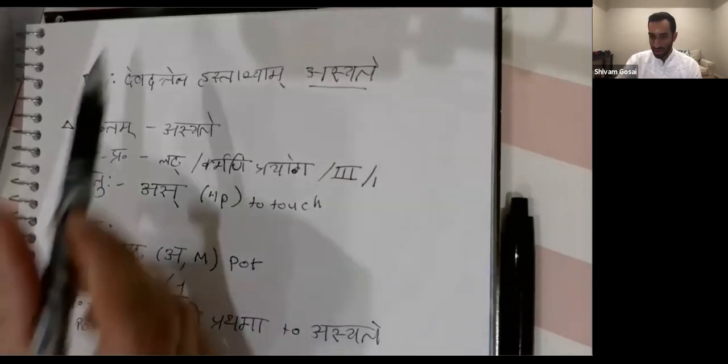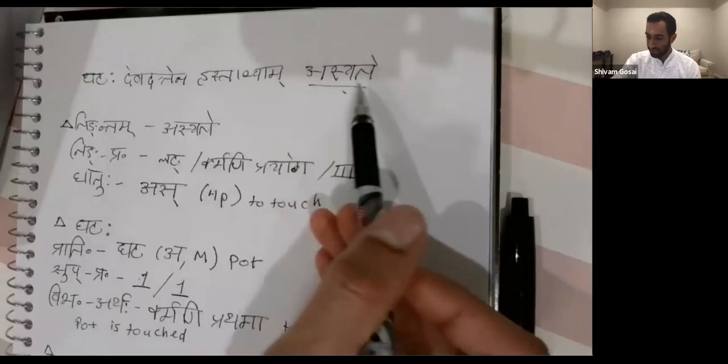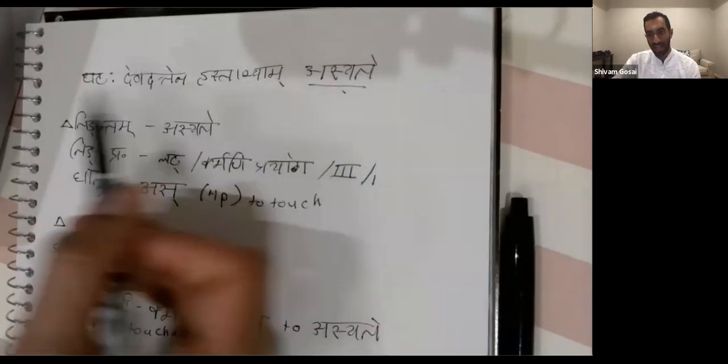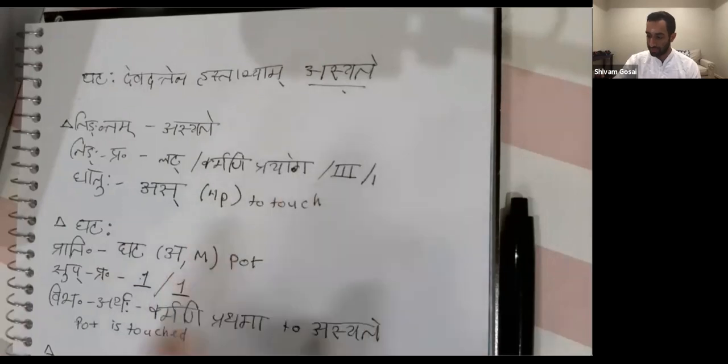Okay, now we went from asyate, we went from verb to first case. Now we go from right to left. So let's take up hastabhyam.